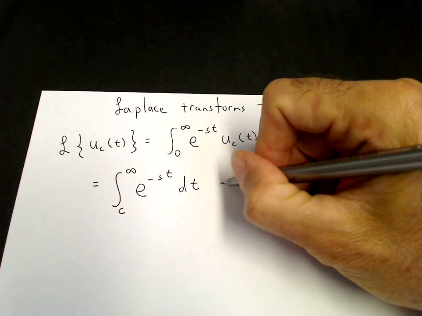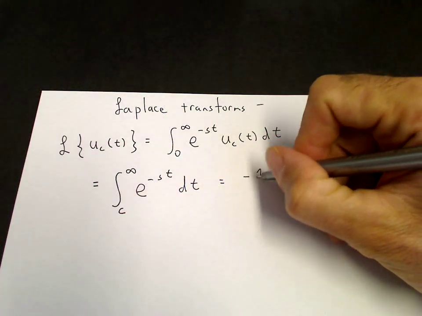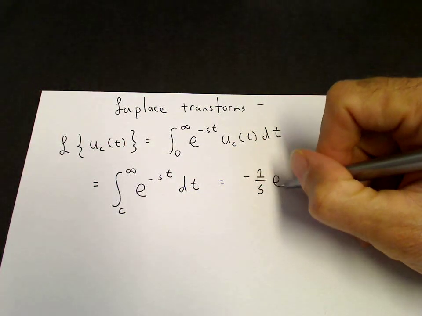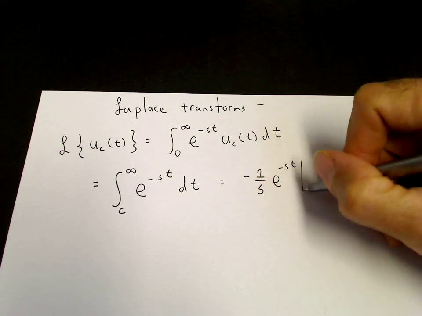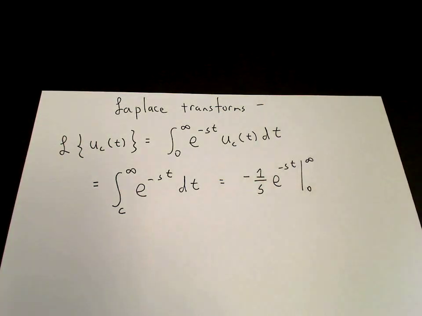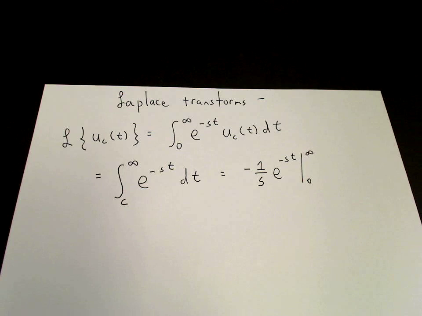This is easy to do. This is minus 1 over s e to the minus st, evaluated between 0 and infinity. The upper limit goes to 0. The lower limit goes to minus 1 over s e to the 0, which is 1.